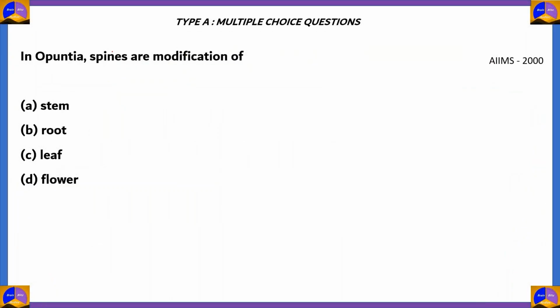Let's look at this question. In Opuntia, spines are the modification of A, stem, B, root, C, leaf, D, flower. Opuntia refers to cactus, and Opuntia is especially a flat cactus.